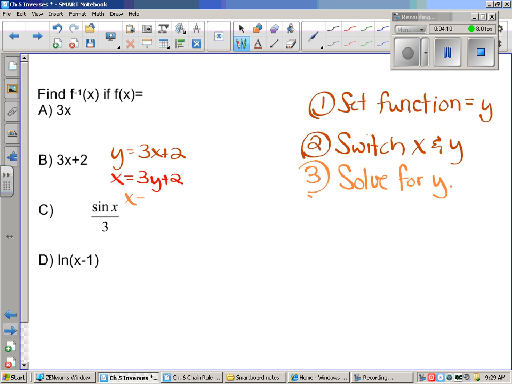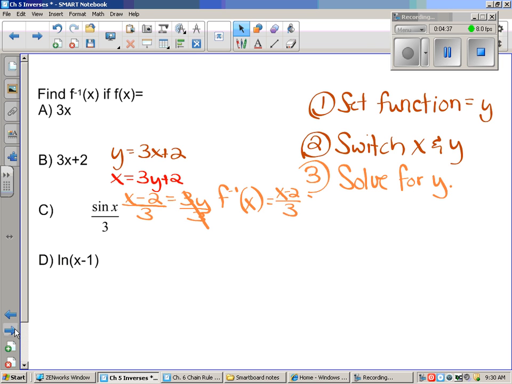I hope you're saying, we're going to subtract that 2, Mrs. Madison. And then what am I going to do? Divide by 3. And so this is gone. So I have y, or rather the inverse function, is equal to x minus 2 over 3. Notice that the whole thing gets divided by 3 because that whole thing was over there on the left side when I divided. So be very careful about that, making sure those lines extend all that they're supposed to.